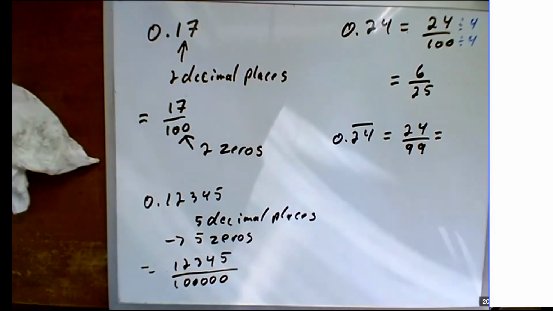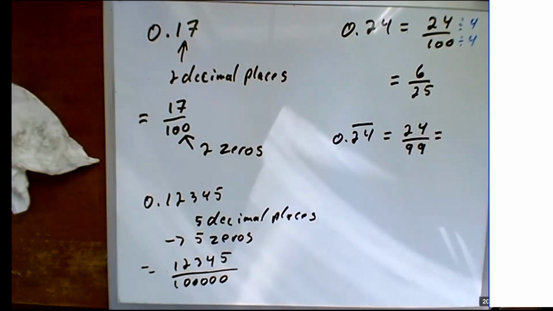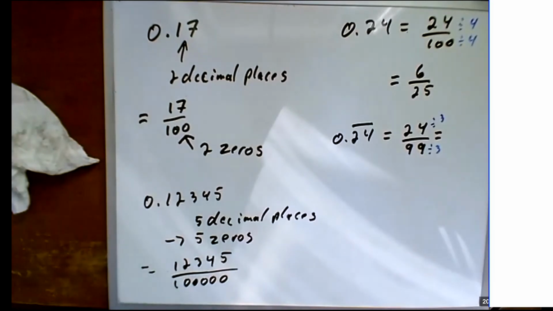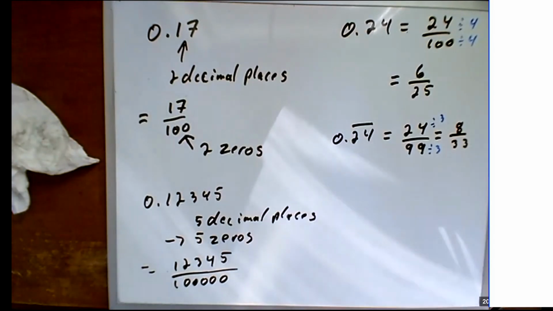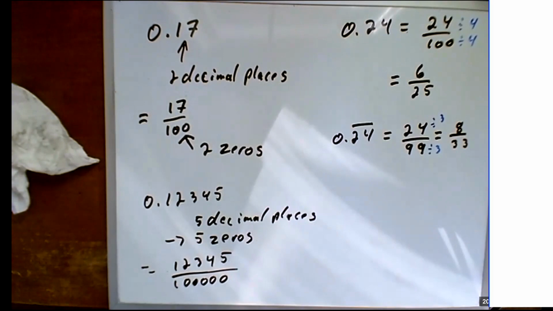Once we've done that, we want to check to see if this reduces. Well, both 24 and 99 divide by 3. So when I do that, this is going to come down to 8 over 33, and that's the final number that I'm looking for. But that same idea where if you're counting, you're always counting your decimal places, and that's always what's informing you.